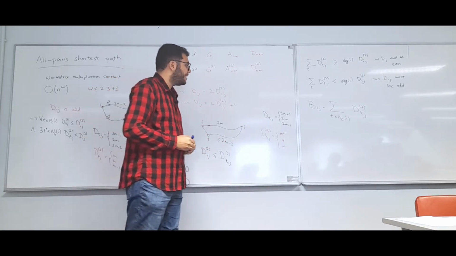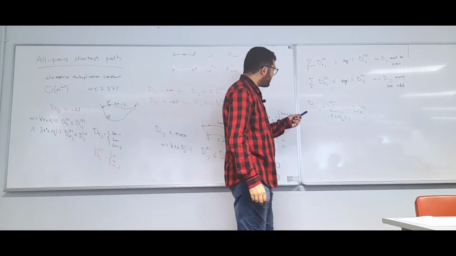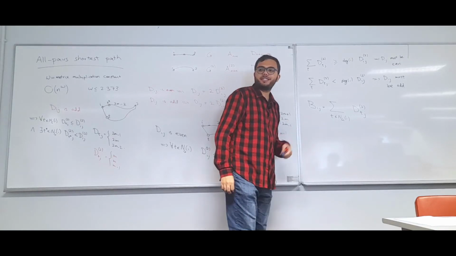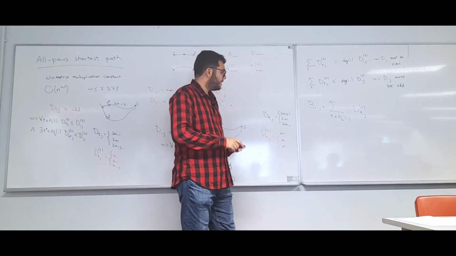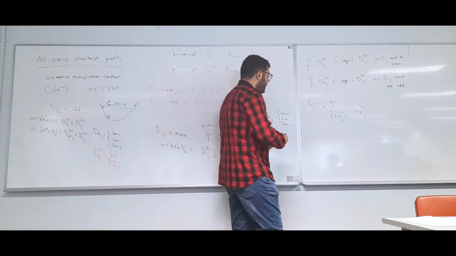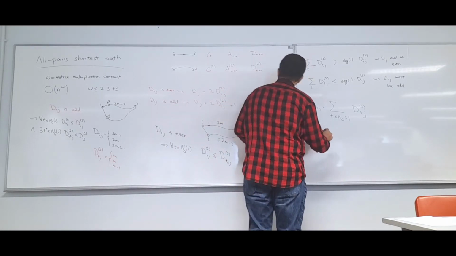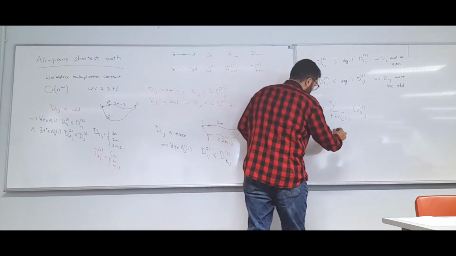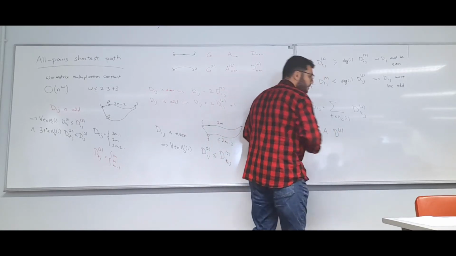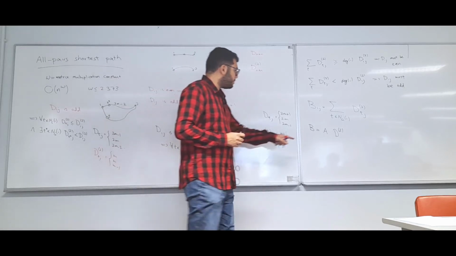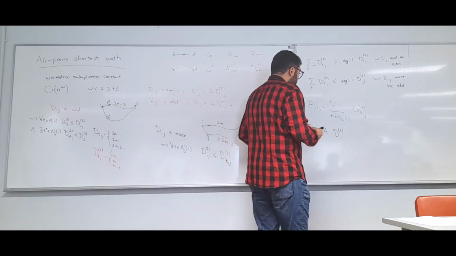Okay. Can you see a better way of writing this so that it looks like matrix multiplication now? So can I just say that B is just A multiplied by D2? Yes, because if I just multiply A and D2, what do I get?